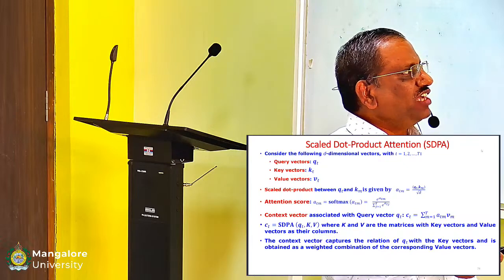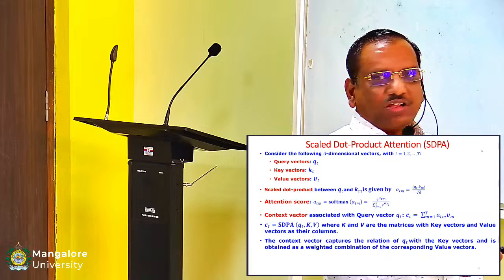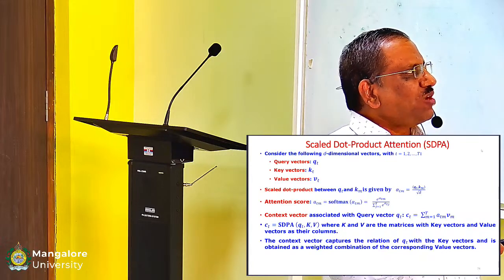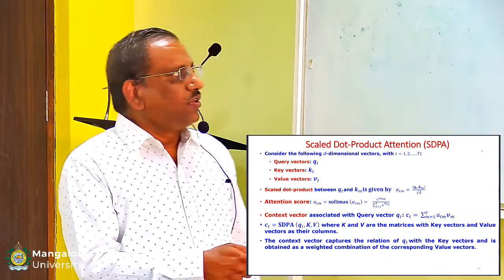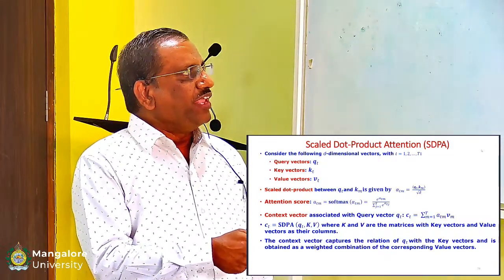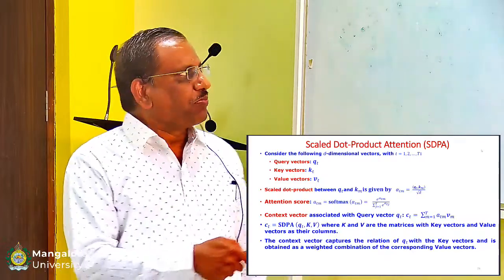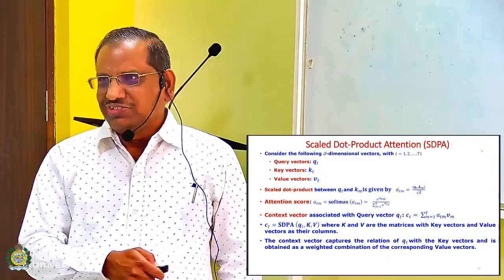So basically you are changing this m here from 1 to t, and then computing this expression that gives us some kind of a score in the range of 0 to 1, to represent the relation between the query vector and the key vector at time t and m respectively. Okay? This is what is referred to as the attention score, right?